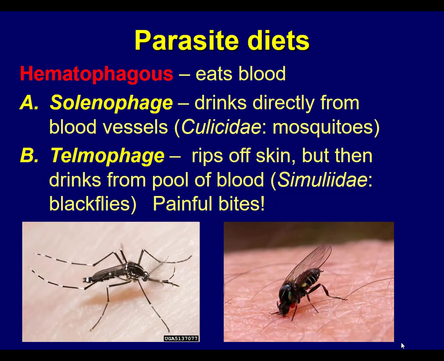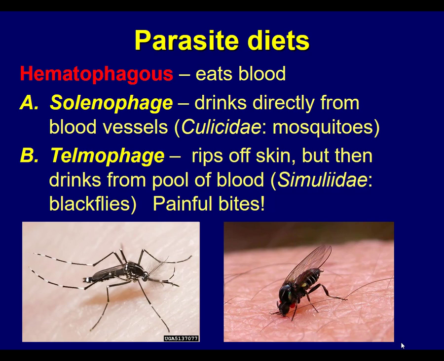They basically drill in or inject their mouth parts and then just drink. Usually they've got chemicals in their saliva that are going to make it less painful, and you might even not notice when a mosquito is drinking your blood. So that's a solenophage.